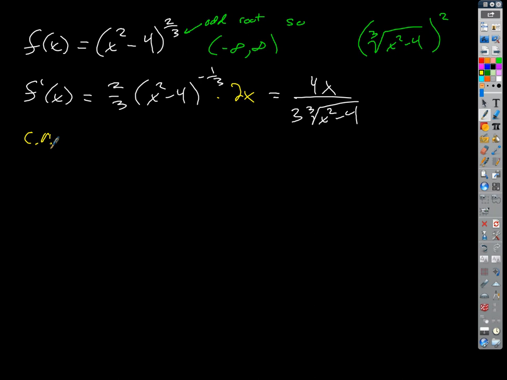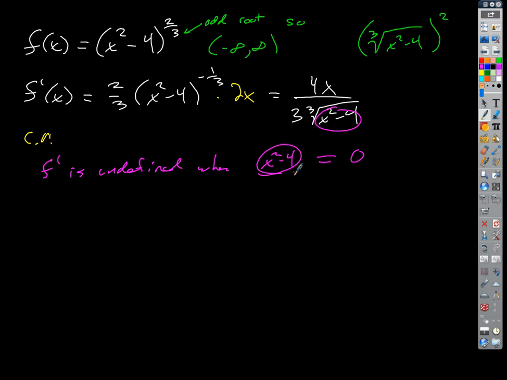Everybody agree? So we could make a bubble here, and we could say that we know that f prime is undefined when the bubble equals 0, right? Well, what's the bubble?